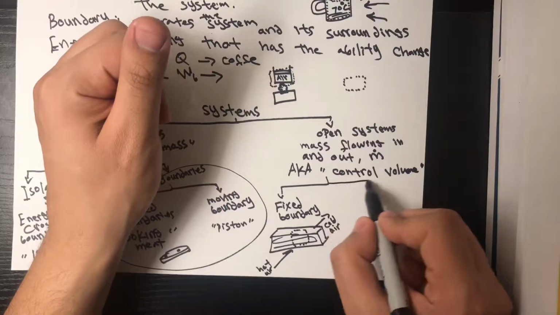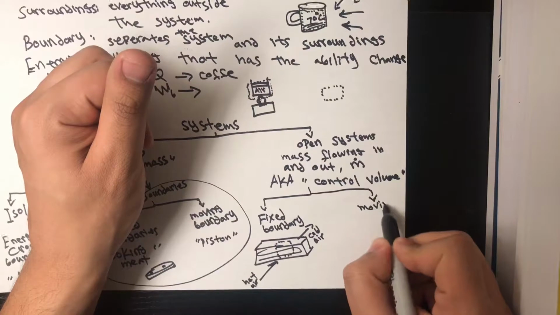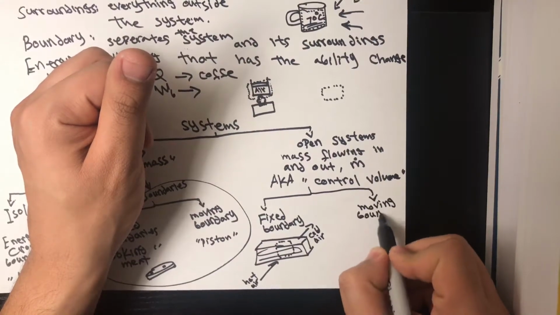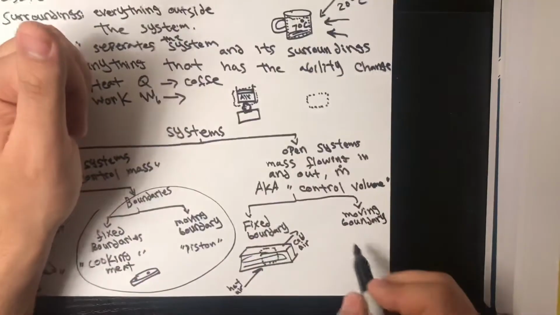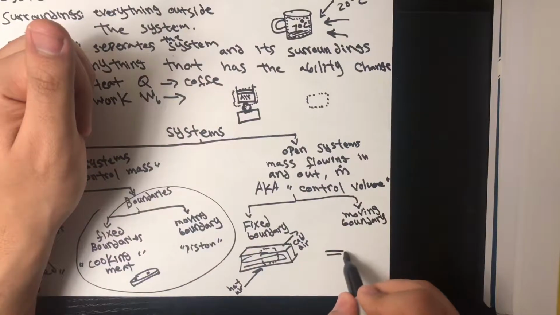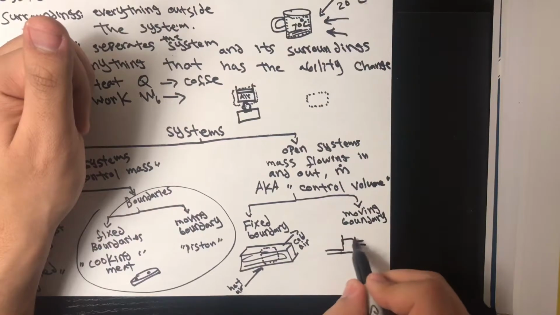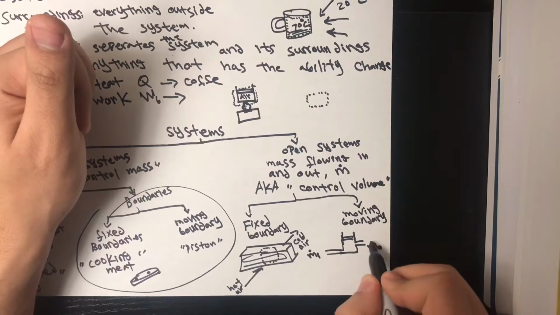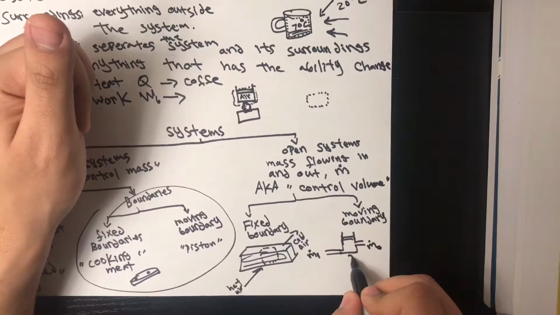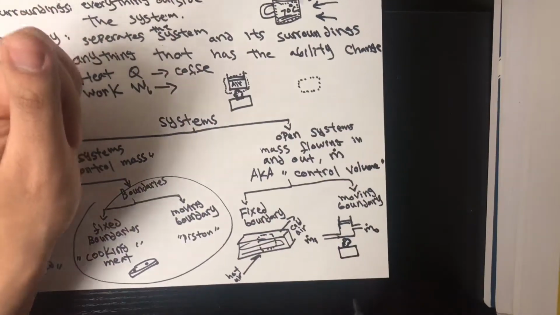You could have variable boundary, or moving boundary again. Let's use that piston again right here. This is when you have that same piston, but say now you have mass flowing in, and then you have a mass out. But you're also heating that piston.